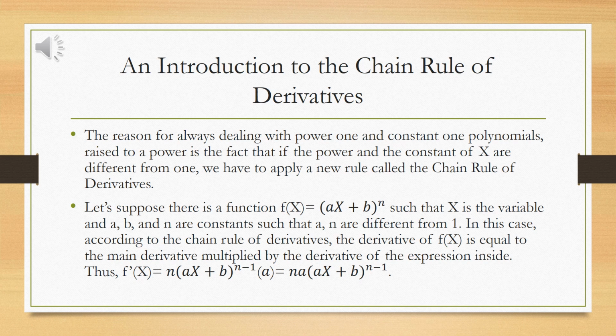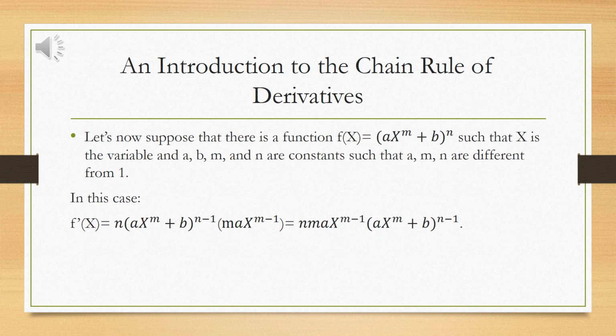Thus, f prime of x equals n times ax plus b to the power n minus 1 times a, which is the derivative of ax plus b. Thus, f prime of x equals n a times ax plus b to the power n minus 1.